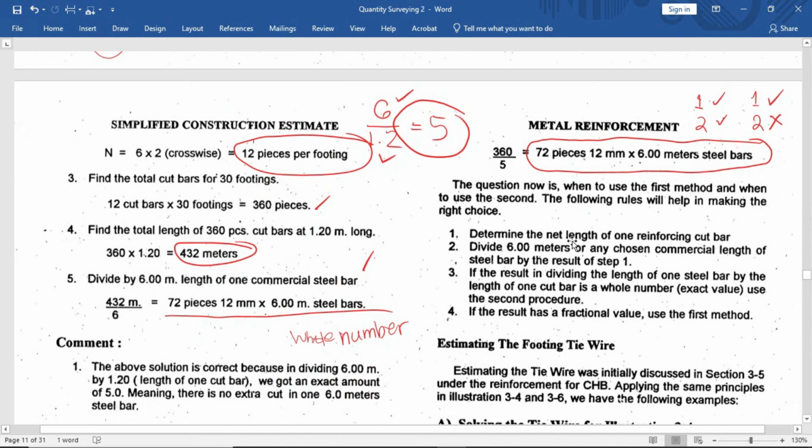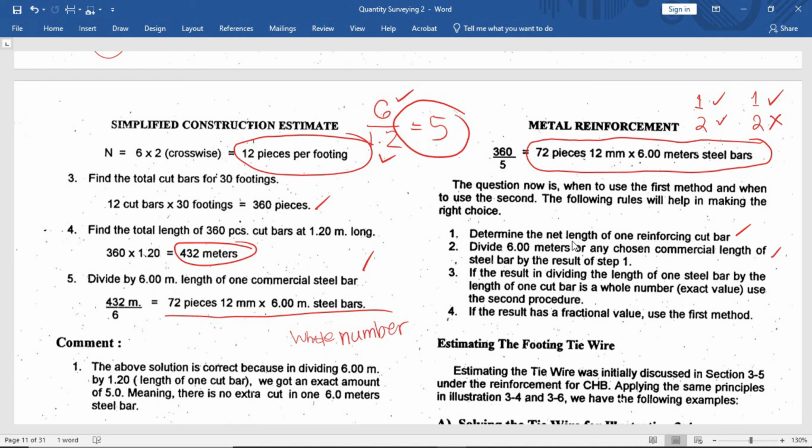So, the question now is, when to use the first method and when to use the second method. The following rules will help in making the right choice. First, determine the net length of one reinforcing bar. Tapos, divide the 6 meters or any chosen commercial length of steel bar.